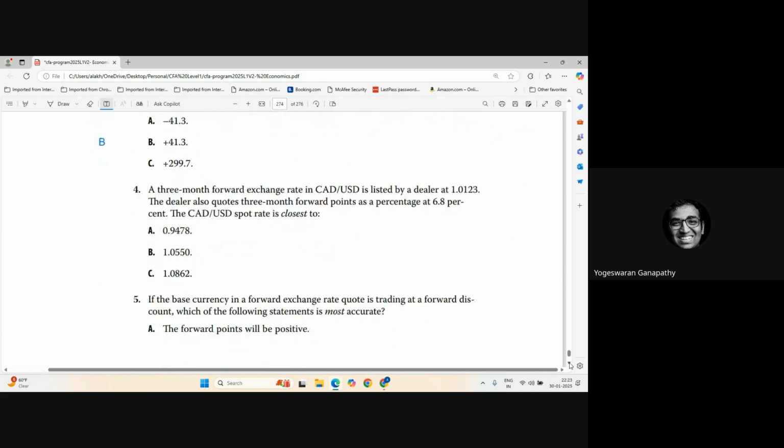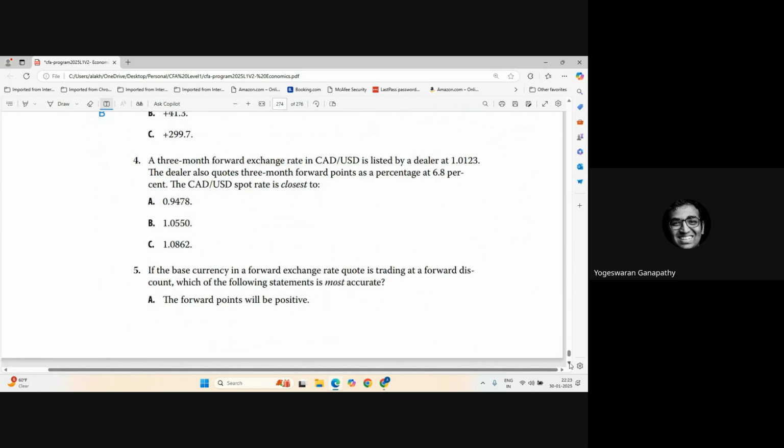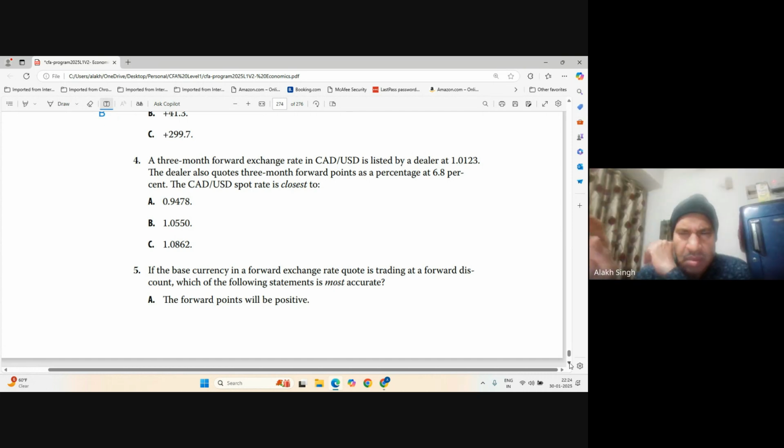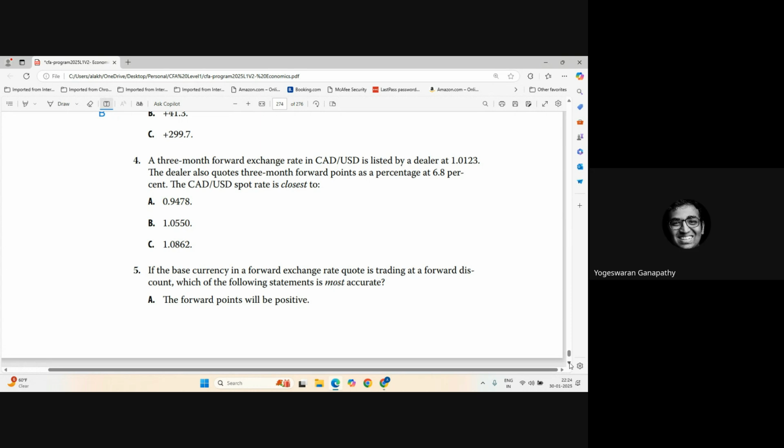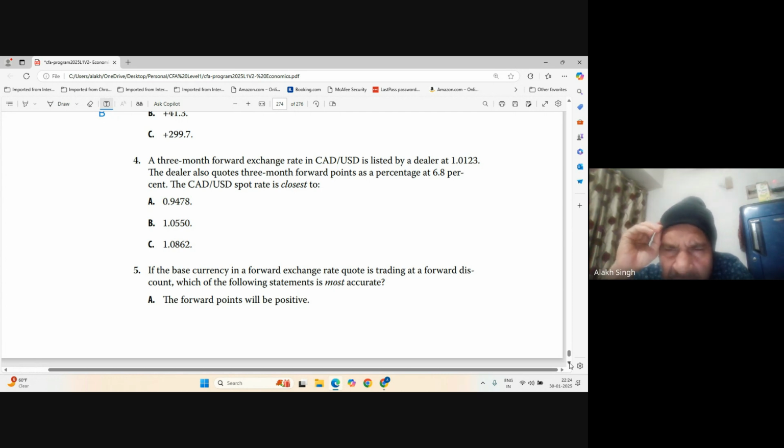The 3-month forward exchange rate is listed by a dealer at 1.0123. The dealer also quotes 3-month forward points of 6.8. The spot rate is closest to what? The 3-month forward exchange rate is this much, and the forward points are this much, so forward minus forward points is the spot rate.